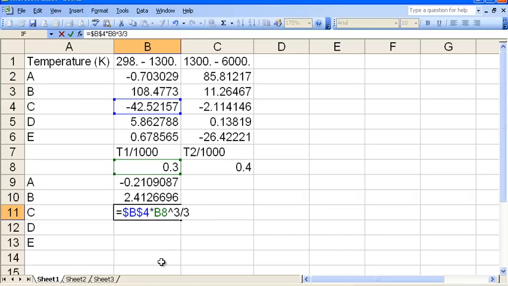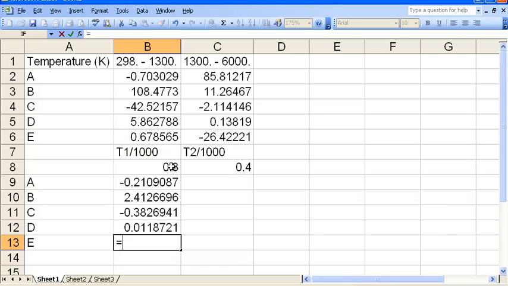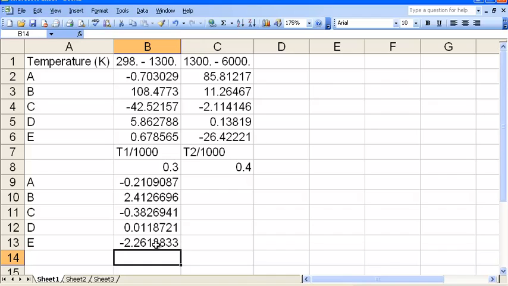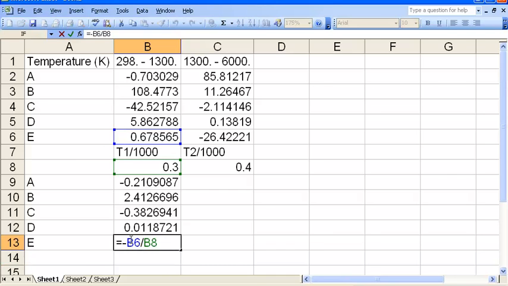Okay, that looks good. This one will be equal to D times T1 raised to the fourth power divided by 4. And this will be equal to minus E divided by T. All right, it's minus E divided by T, evaluated at T1. Okay, and let's put some dollar signs around this. Okay, so there we go.